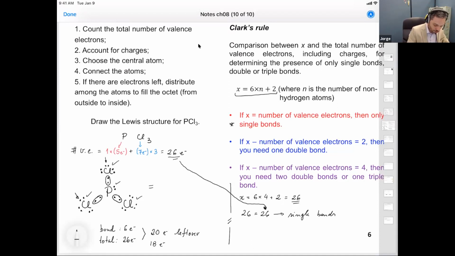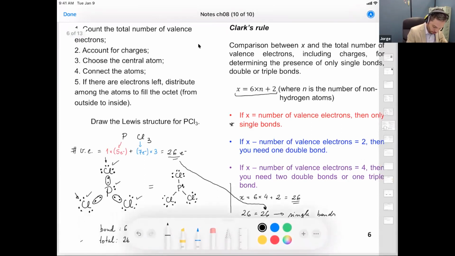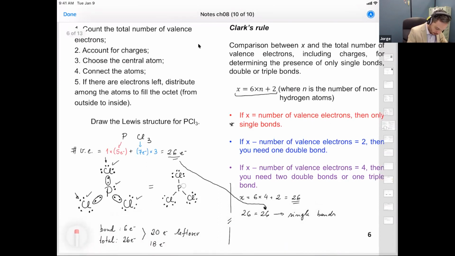We can draw this structure in a more organized way, representing each single bond by a line and drawing the non-bonding lone pairs around the atoms. So we have 3 lone pairs around each chlorine and 1 lone pair around the phosphorus. And this is how you are going to draw the Lewis structure for covalent compounds.